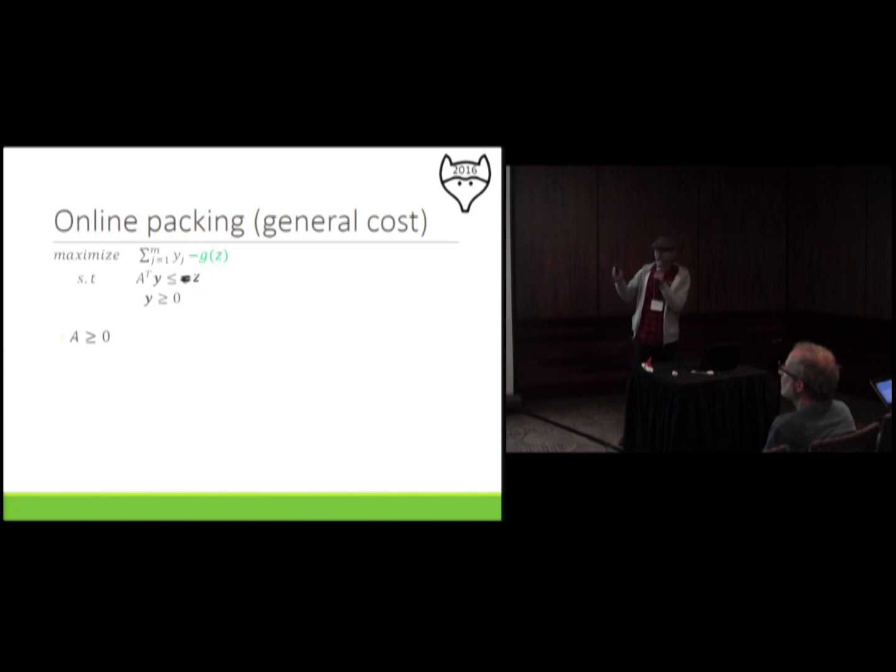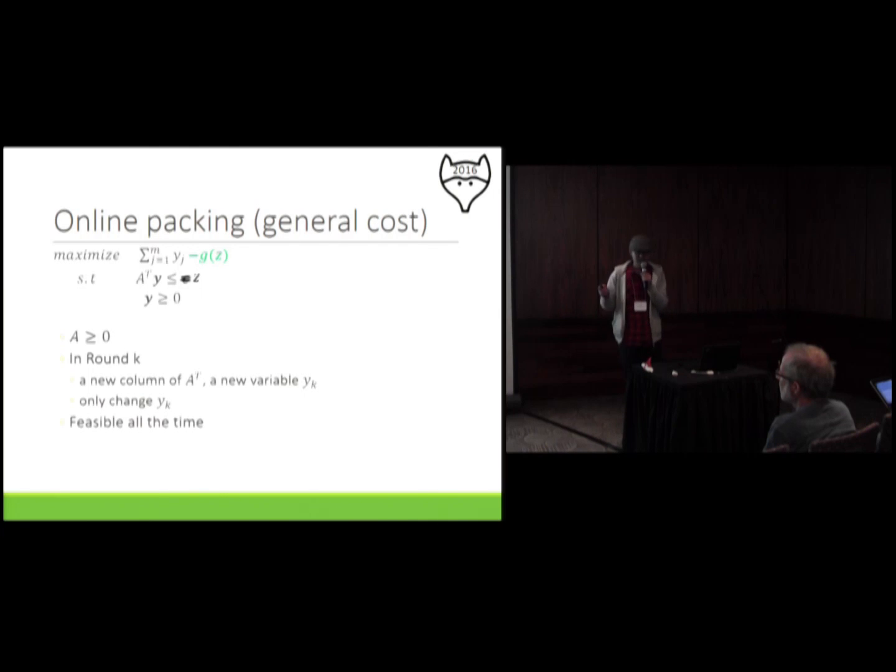This is the problem definition of the online packing. Similar to the online covering, it is also guaranteed that the matrix A is non-negative for each entry. And in round k, a new column of A^T comes together with a new variable yk. And you can only change yk to maximize our profit in this round. And also, it must be feasible all the time.